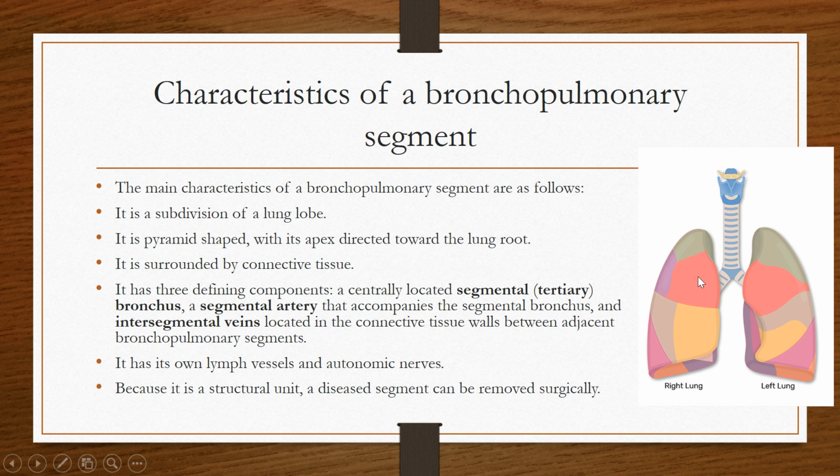In this segment, the segmental bronchus is present, the segmental artery is present, but the segmental vein will be present along its wall, through which it is separated from the other bronchopulmonary segment. So the segmental vein will be present here. The intersegmental vein will be present in the wall between the adjacent bronchopulmonary segments. Each bronchopulmonary segment will have its own lymph vessel and own autonomic nerve. Because this is a structural unit, a diseased segment can be removed surgically.